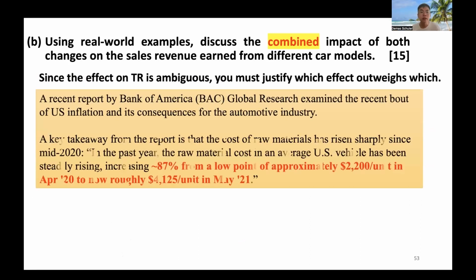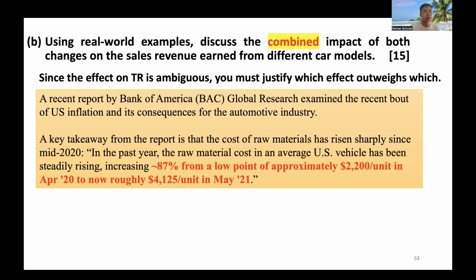So according to the Bank of America Global Research report published quite recently, I'm using real-world examples here, the raw material cost, as you can see in the quotation, has had a whopping increase of about 87%. That's a lot, right?